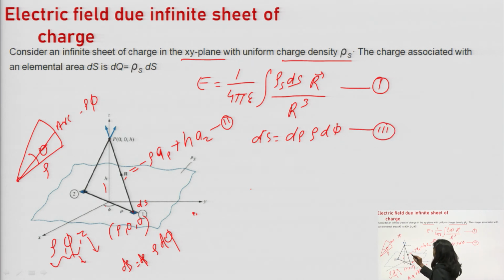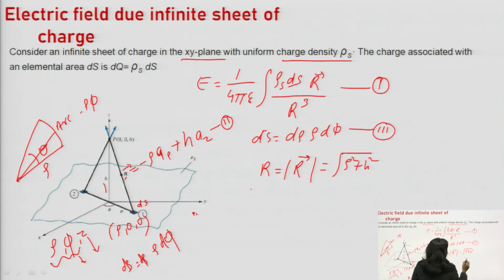Now, as we got the value of the r vector, we can get the value of r also. So, r will be the magnitude of the r vector. We can write it as the square root of rho square plus h square. Let us call it equation 4. Now put all the values from equations 2, 3 and 4 in equation 1.